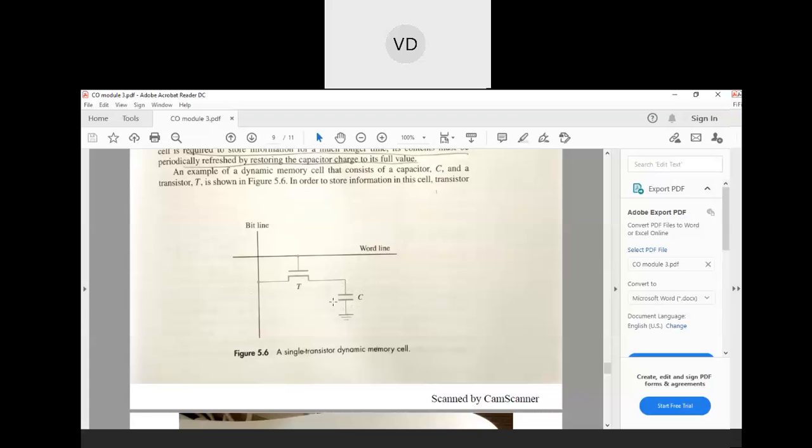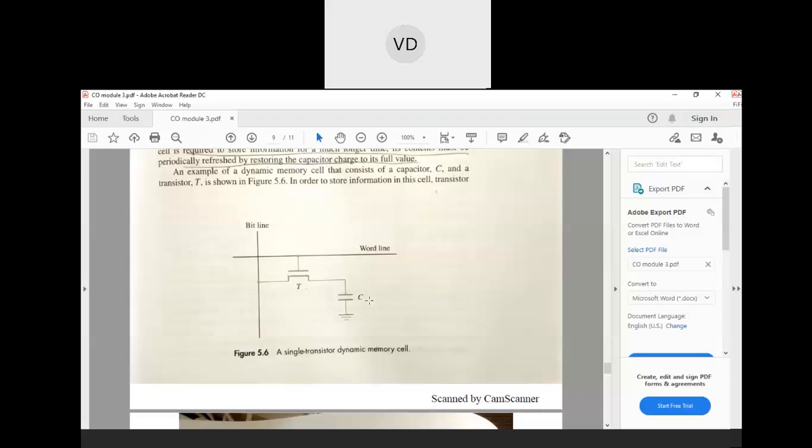Another point is that the transistor also uses a very small current, in picoamperes. Pico means very small, like we have milli, micro, and so on. So a small amount of current is also used by the transistor when it is turned off. These are the two reasons the capacitor charge will be discharged.